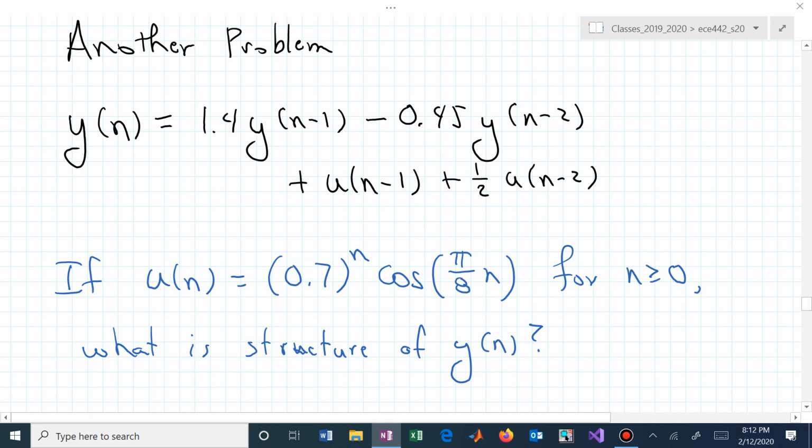How am I shaking this? With theta n, where theta is pi over 8 n. If this gets to a sinusoidal steady state, which it will if that system is stable, it will reach a sinusoidal steady state. And how will it shake? With a cosine of pi.